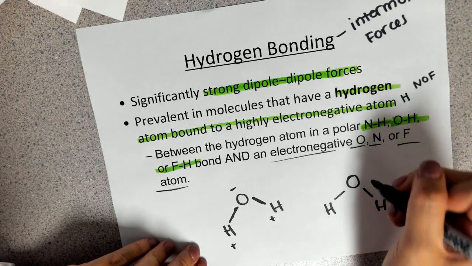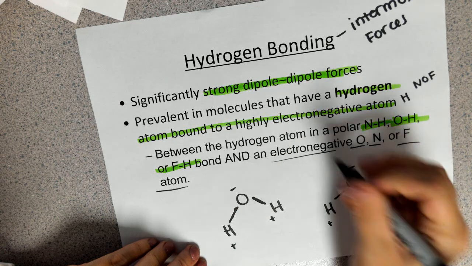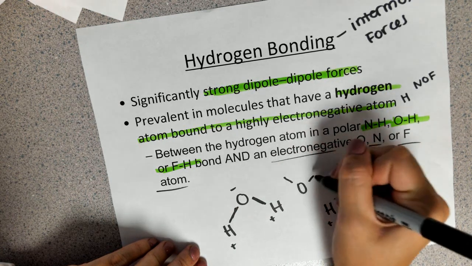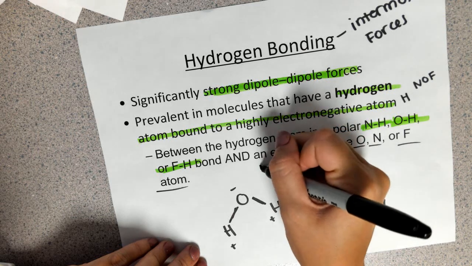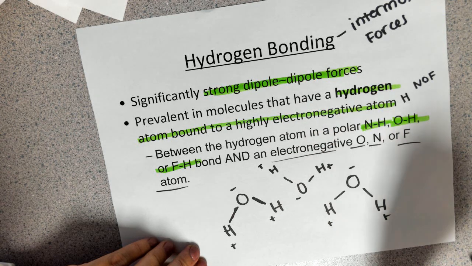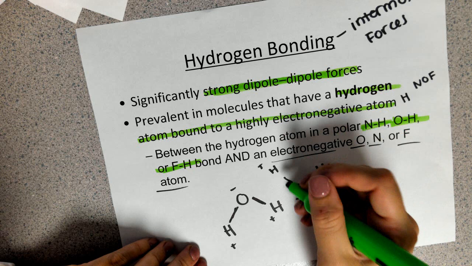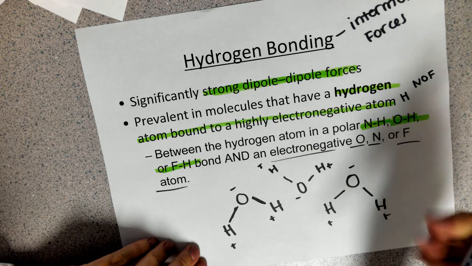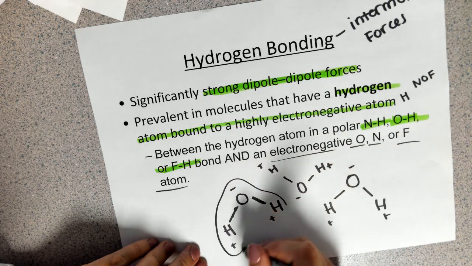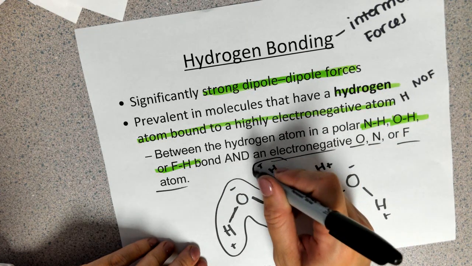Let me draw a third one. So there would be hydrogen bonds, and I'm going to use my highlighter between, and let's circle my molecules so you don't get them confused.